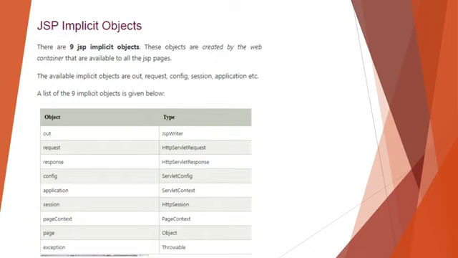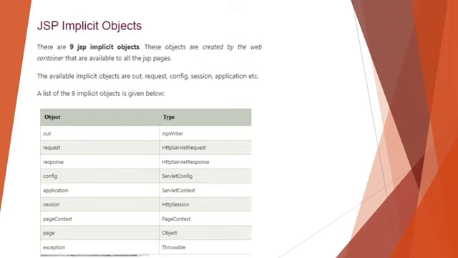So look at this. Implicit objects are created by the web container and contain information related to a particular request, page or application. Okay, it is created by the web container, and it has some information regarding the request, page or application.